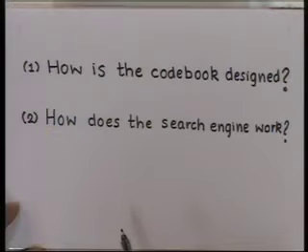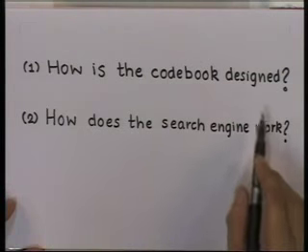Therefore, vector quantization is a very attractive encoding scheme for applications in which the resources available for decoding are considerably less than the resources available for encoding. Now, there are two important issues related to vector quantization, and these are: how is the code book designed and how does the search engine work?